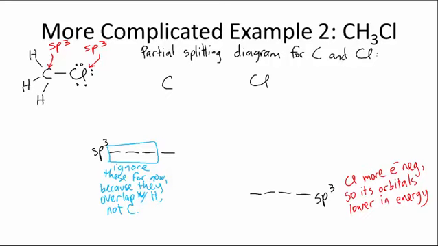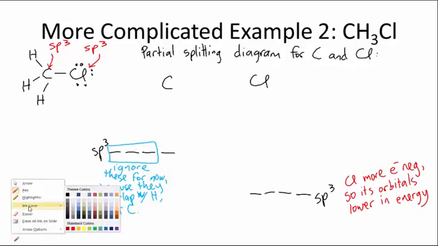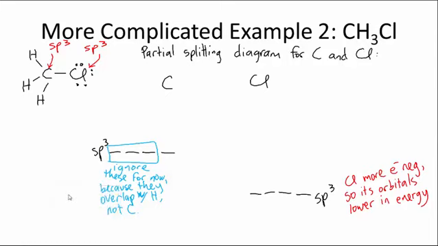But I know that I have one carbon sp3 orbital that overlaps with one of the chlorine sp3 orbitals.